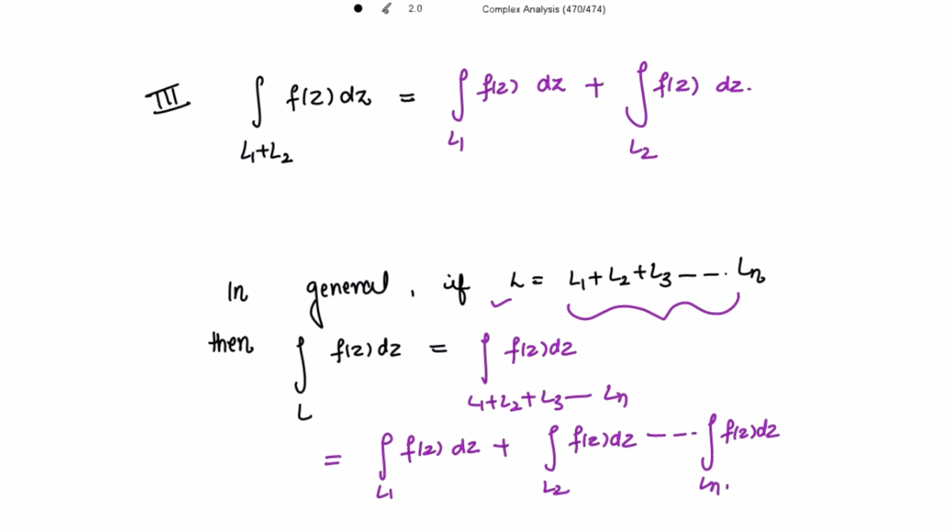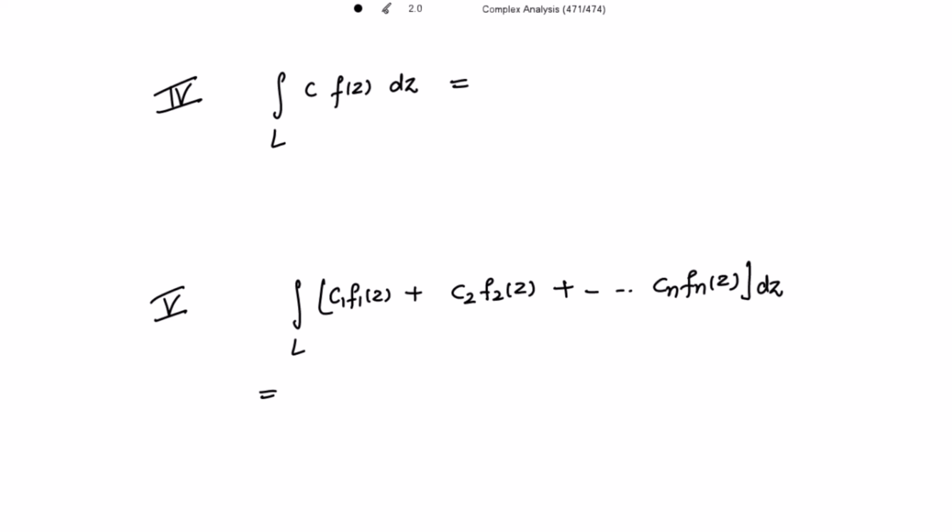Right? Let's move on to the next property. The integral of c f(z) dz over L, where c is a complex constant, is equal to c into the integral of f(z) over L, since the constant comes outside of the integral.